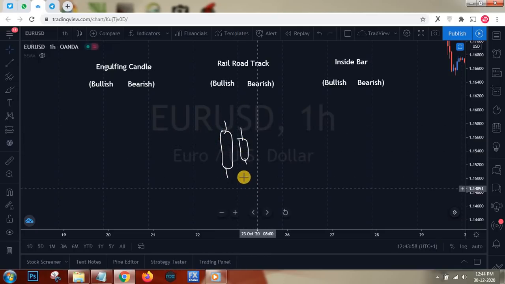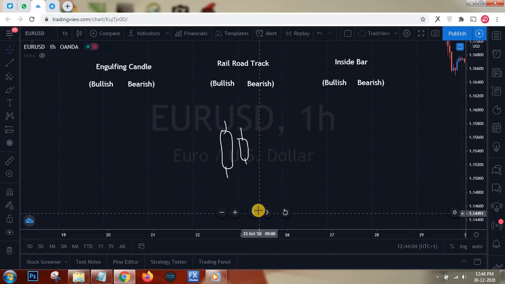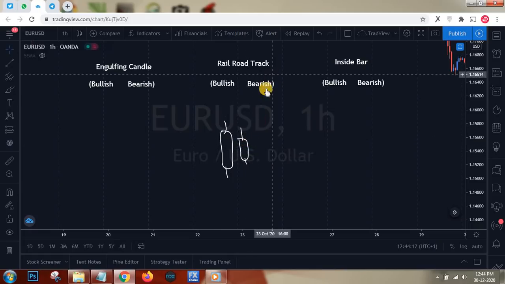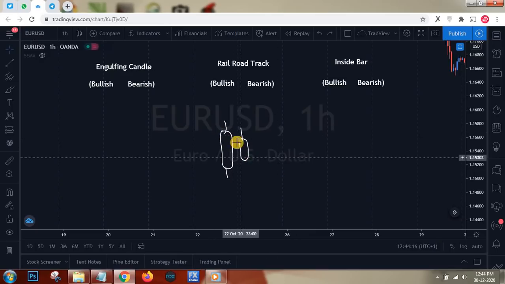If this is a bearish, if this is a red candle, then this should be a blue candle for me to sell. If this is a blue candle, then this should be a red candle for me to buy. That is how we take this out.